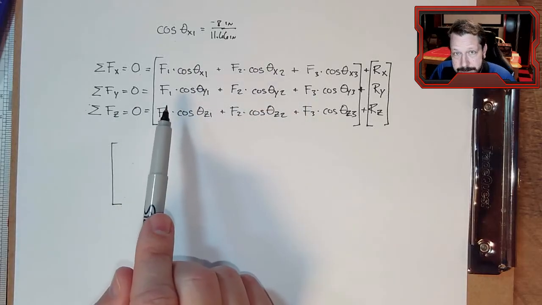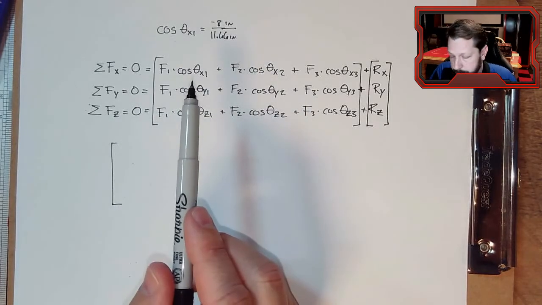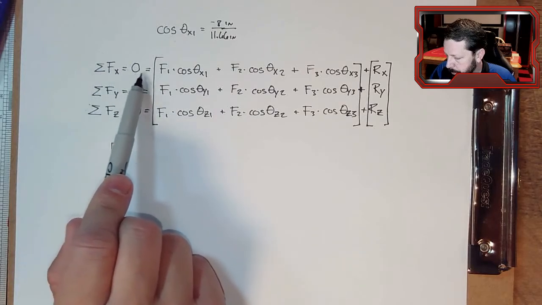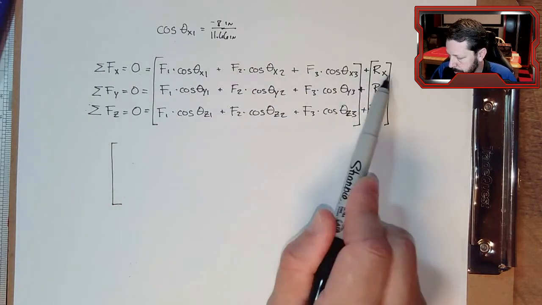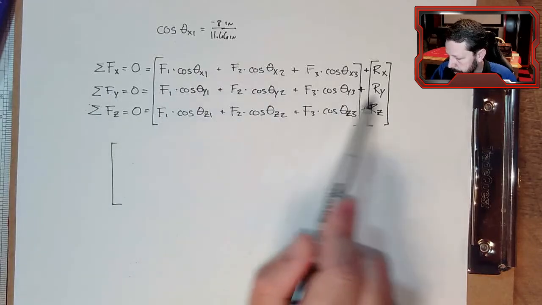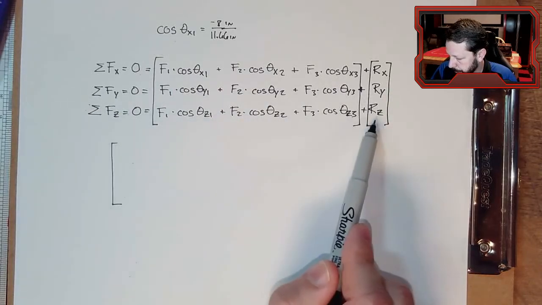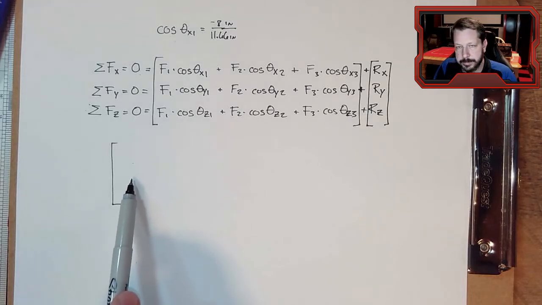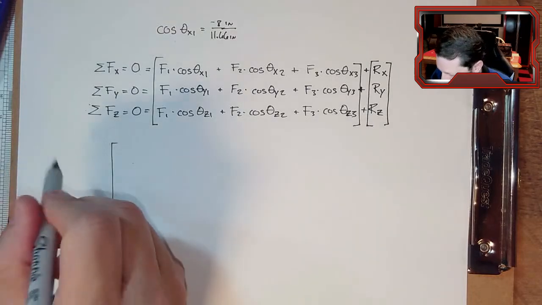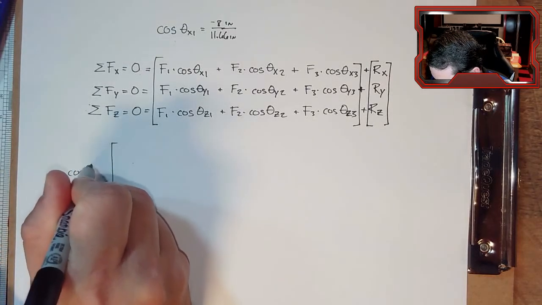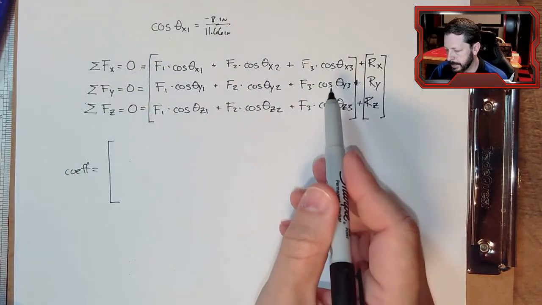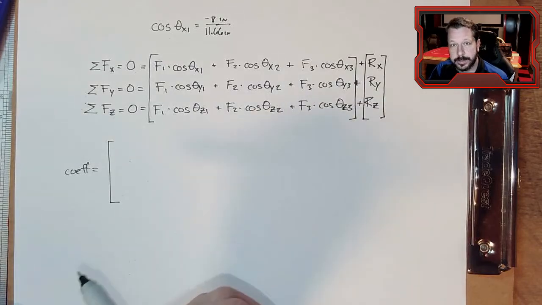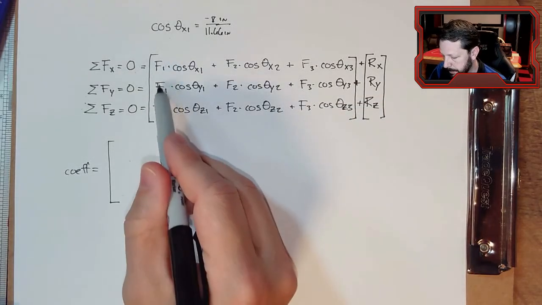In this case, the equations are equilibrium equations, and so all of the equilibrium equation components related to x are in a row, all of the y's are in a row, and all the z's are in a row. And then when I go to create my matrix here, I'm going to call this my coefficient matrix. It's going to be a 3 by 3 matrix that has only the coefficients of my variables in it.